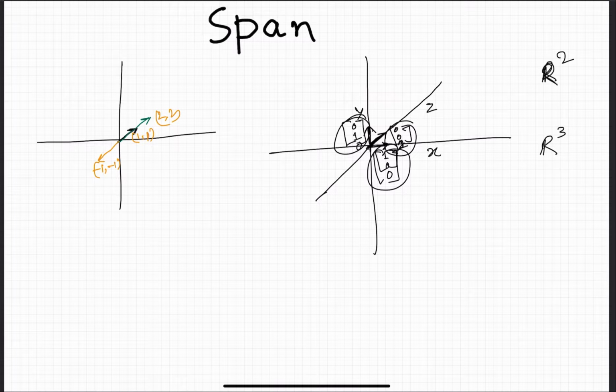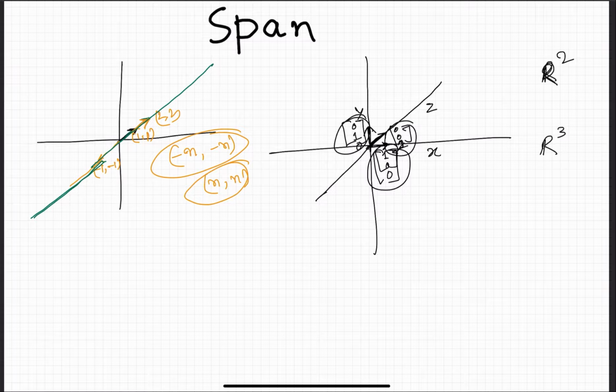So all the vectors which have coordinates -n or n all have the same span as 1 1, which is the straight line through it.